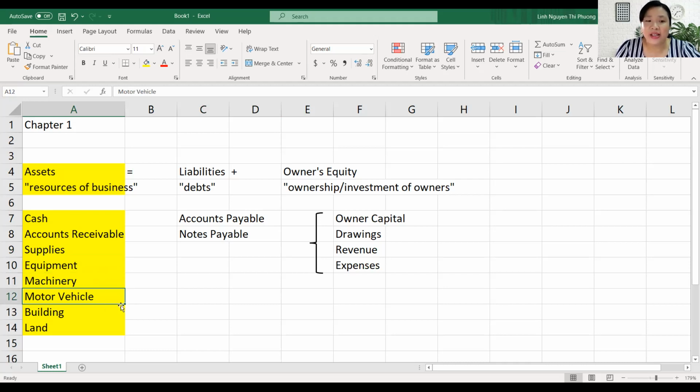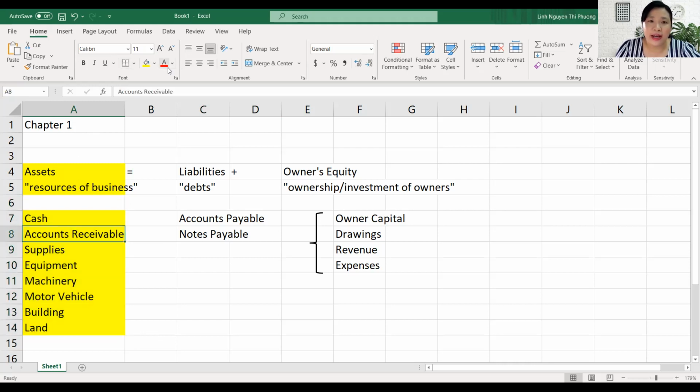Okay, and next we have motor vehicle. For example, you have a motorbike. We call it motor vehicle. Building. If you have an office in the building, you own that building, so that will be called building. Land. All right, so all of these we call assets.